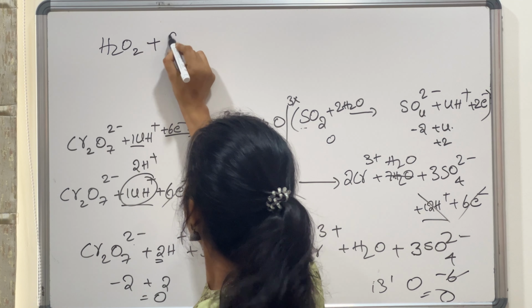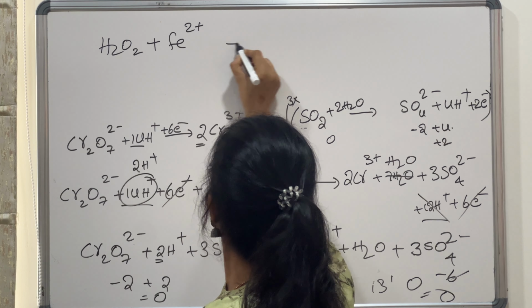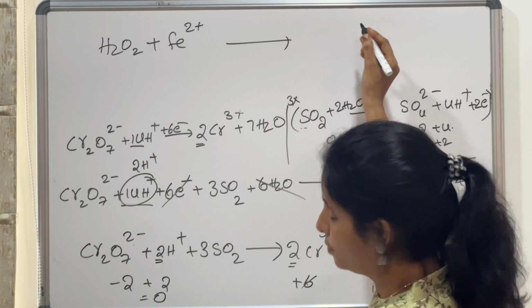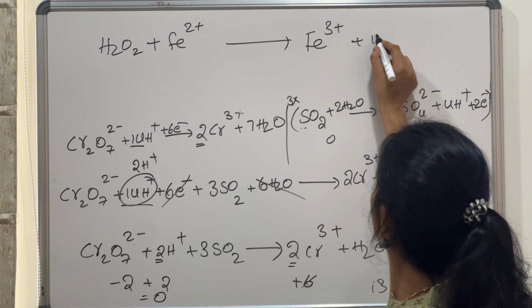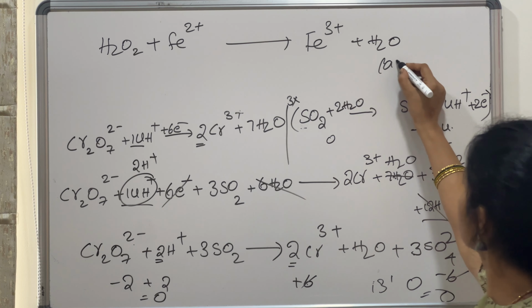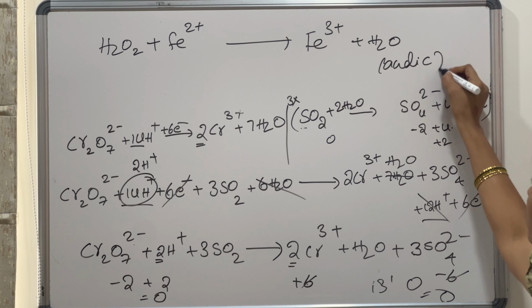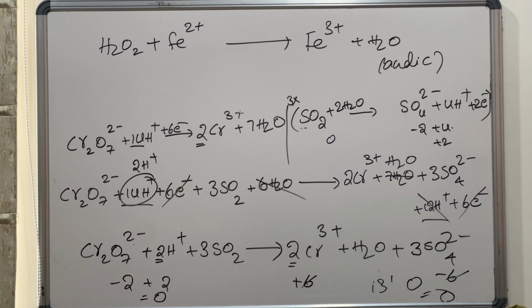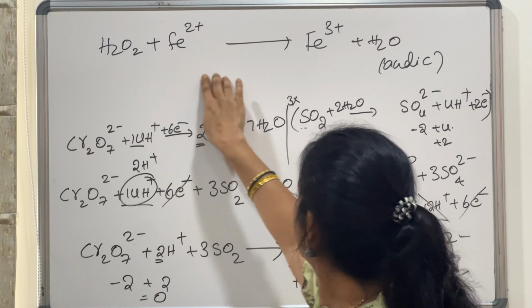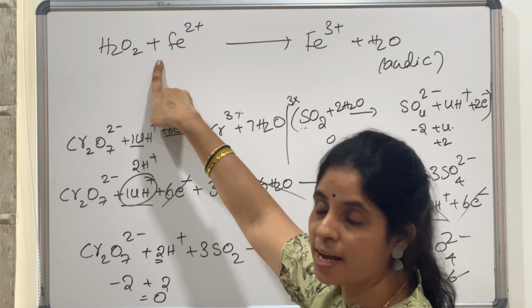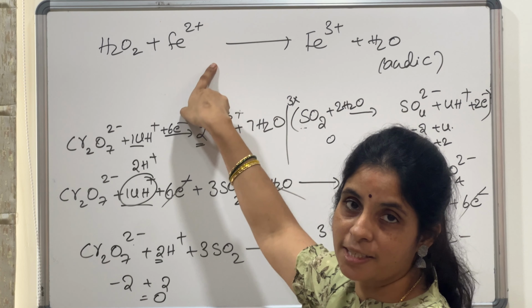H2O2 plus Fe2 plus gives rise to, okay, this is also acidic medium. Try to solve it. Try to balance this question and give the answer in the comment section. Okay.